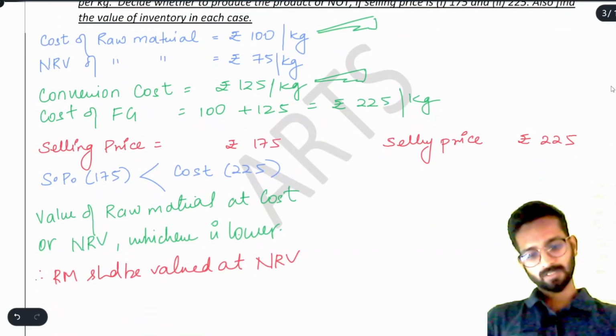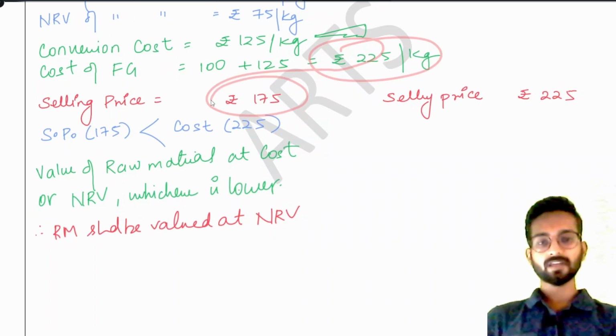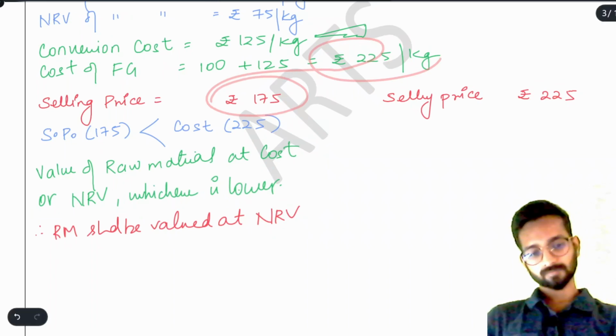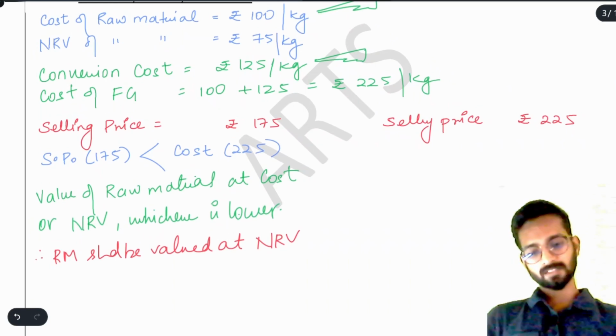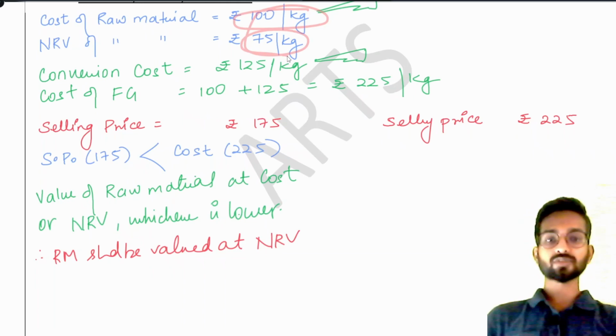See, if I produce the product, what will happen? The product cost itself was 225 rupees and we are selling at 175. So we will be having the loss of 50 rupees. But if I just sell the raw material of 100 at 75, we will have loss only of 25. So we should not produce the product.